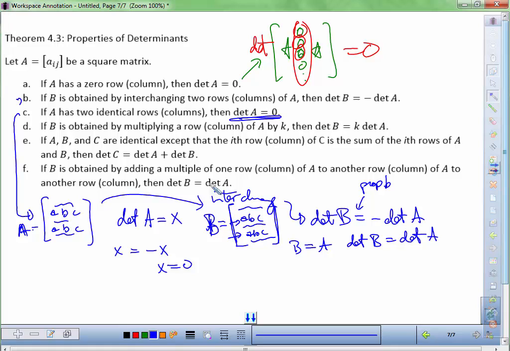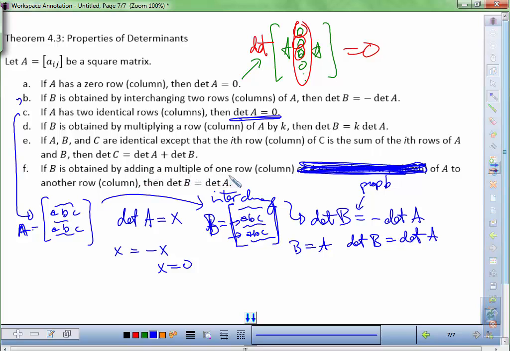We have some extra words. I'm getting confused. He uses it three times. Adding a multiple of one row, column A, another row. Dang, copying and pasting. I don't think this is a copy and paste problem. I think I was just typing this up and must have been watching TV or something. Is that better now?